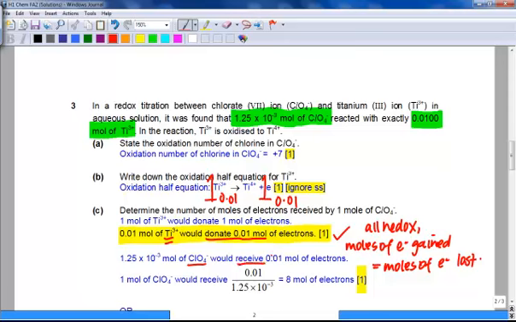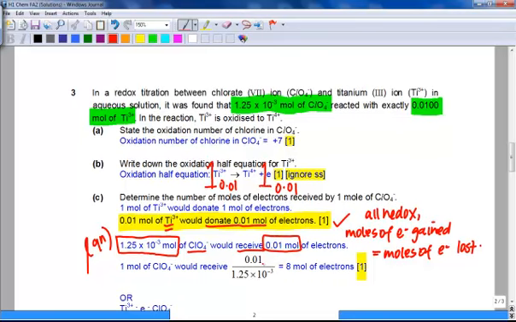So they tell us that I have 1.25 times 10 to the power of -3 moles, which is given in the question, and it received this number of moles of electrons. So the question wants you to find out how much is gained by 1 mole. So this part is solely by proportion.